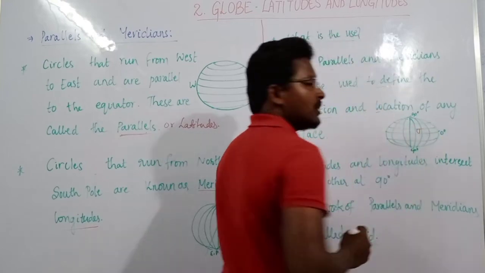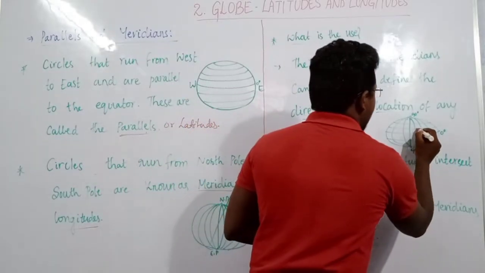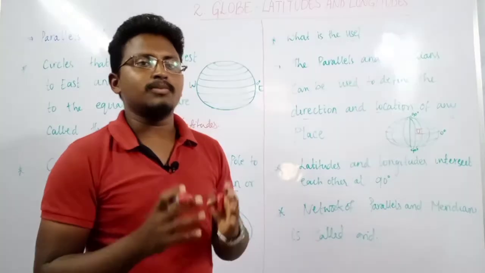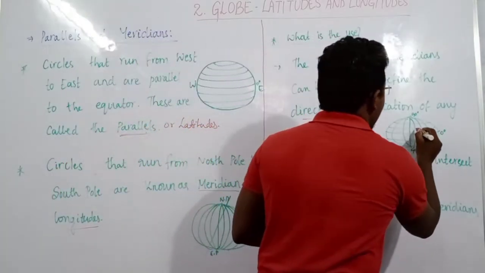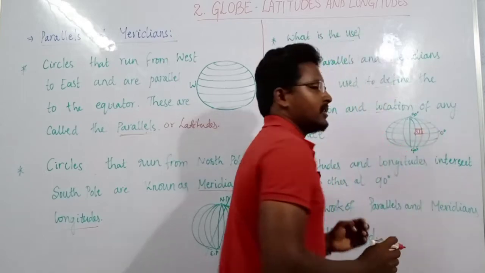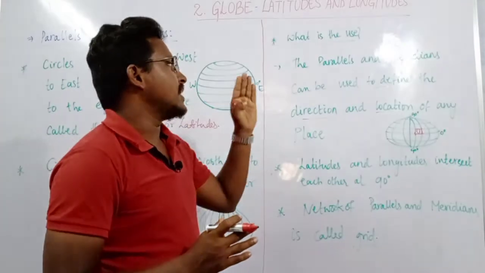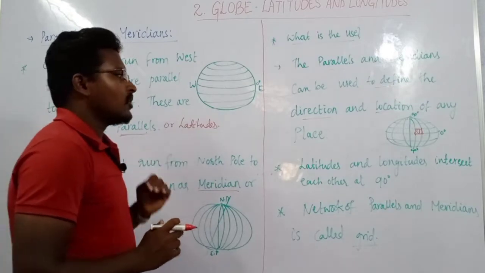Just imagine, if someone asked you what is the location of India, you can say between so and so latitudes and so and so longitudes you can find India. So like this, to locate any place, to find the direction of any place, we use latitudes and longitudes.